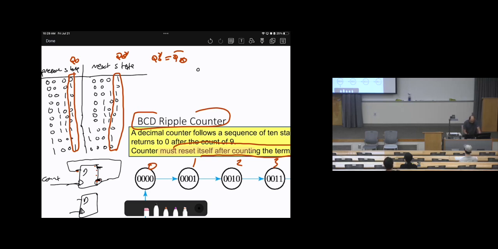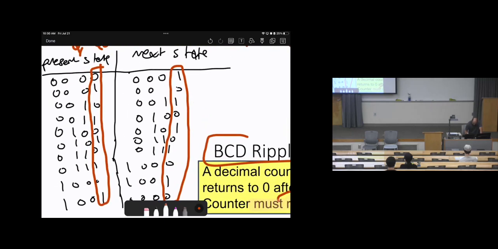Then the next one, look at the Q1. Here's Q1 star. So we will realize that Q1 is sometimes 0, sometimes 1, sometimes 0, sometimes 1. What makes it zeros or ones is when you look at here, here is 0, 1, here is 0, 0.